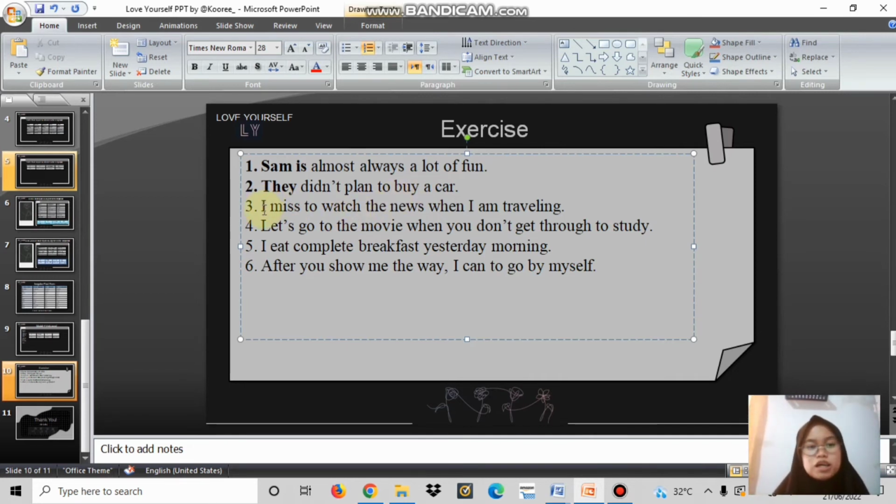Okay, number 3. I miss to watch the news when I'm traveling. The trick in this question is verbs that require an -ing form in the complement. In this question, there is a verb that requires an -ing form in the complement, namely miss.